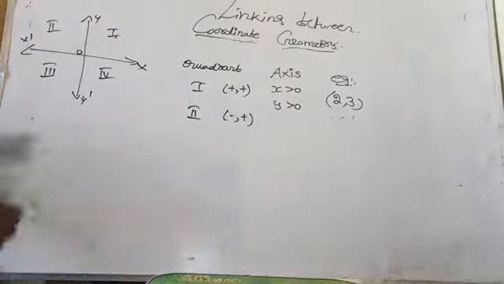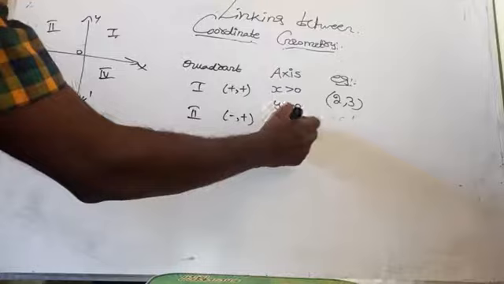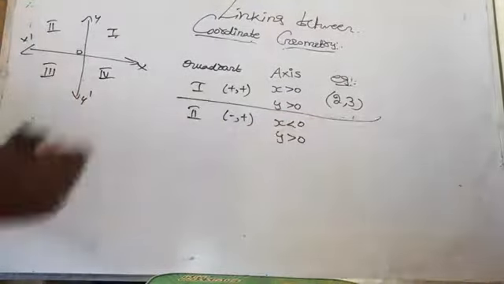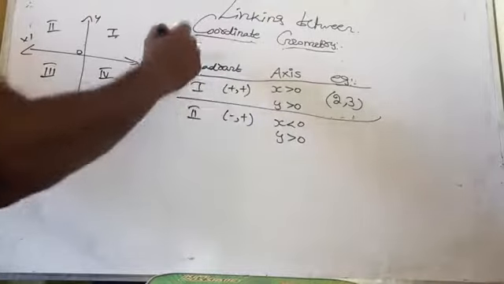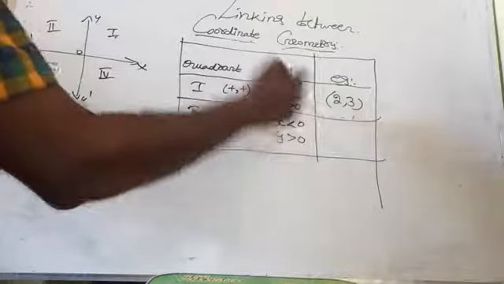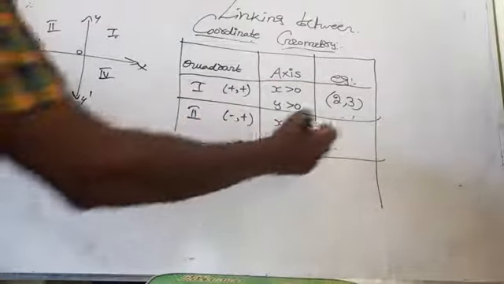That means x is negative and y is positive, for example (-2, 3).